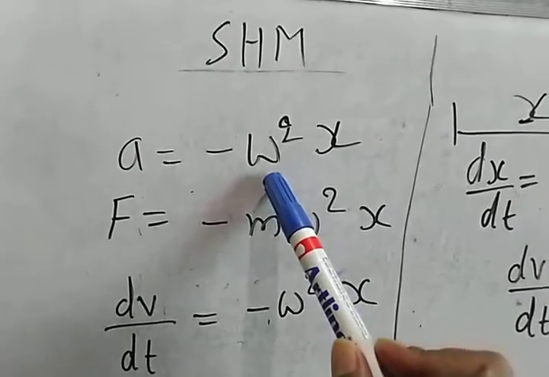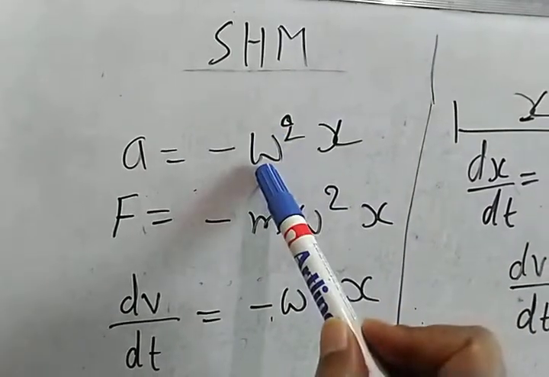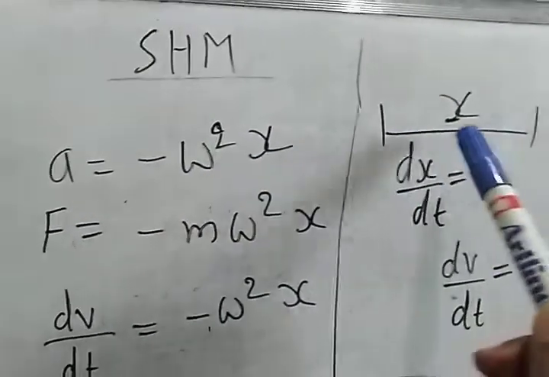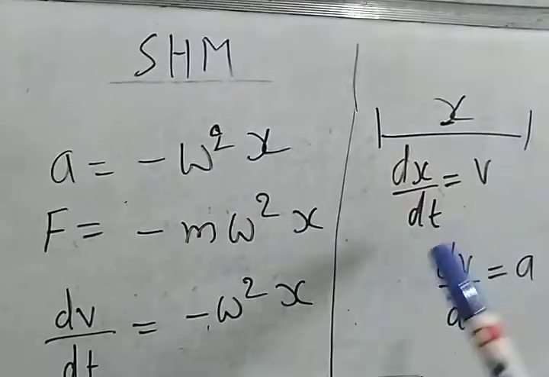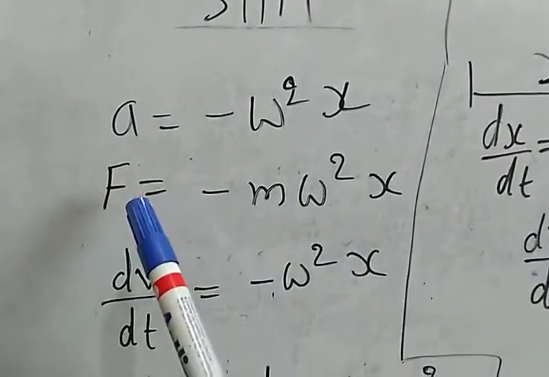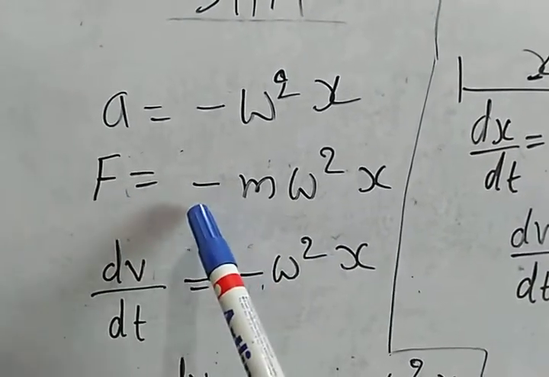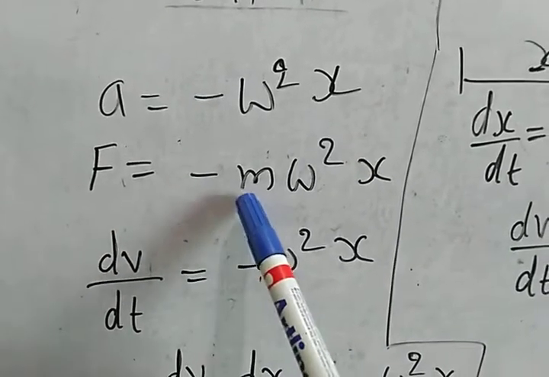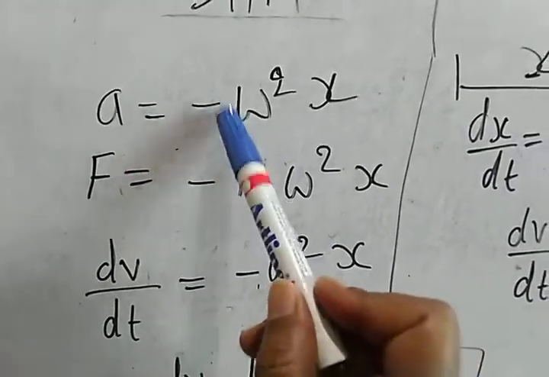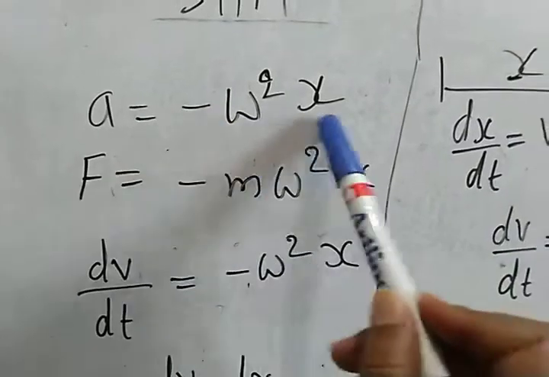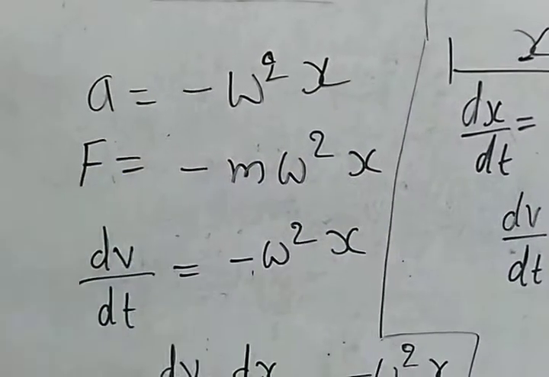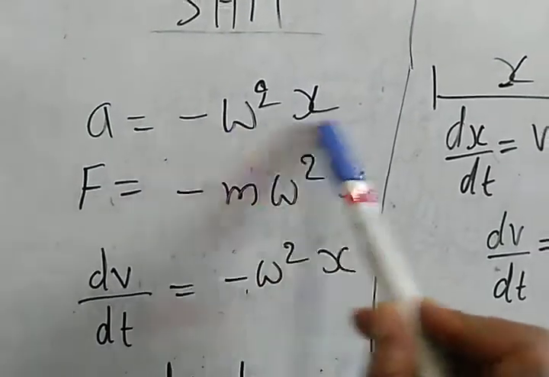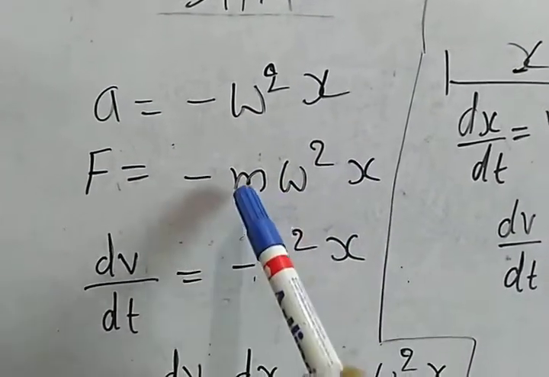So here omega is angular velocity, x is the displacement distance, force F equal to m into a, mass into acceleration. So multiply here mass m into a, we get force F equal to ma. This is a, multiply a with m.